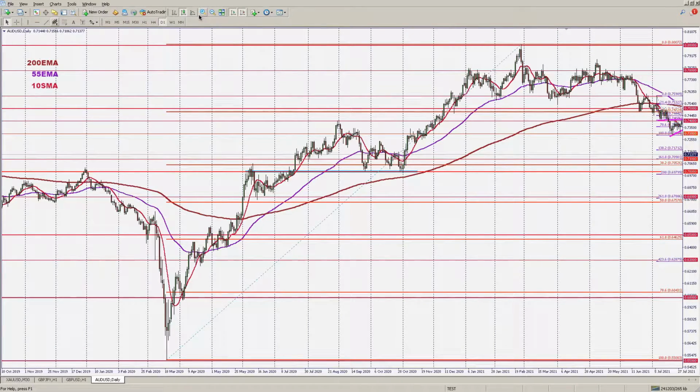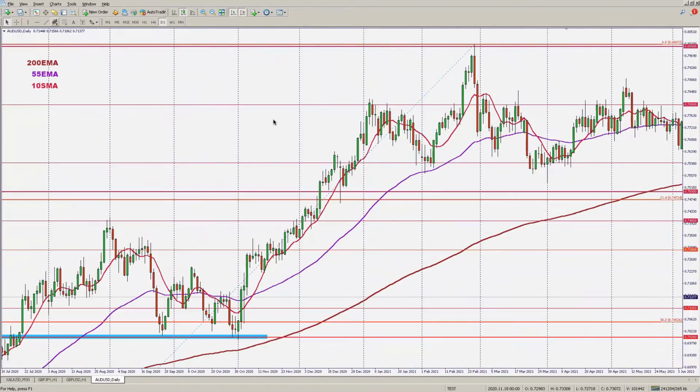And as it moved up into this area, into the 70 area, after it broke out higher and then pulled back to retest with almost a triple bottom here. Let's expand this.